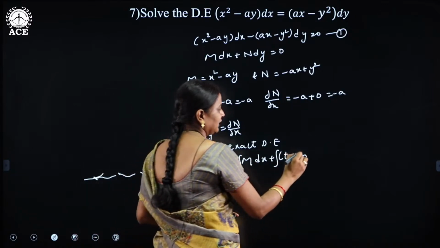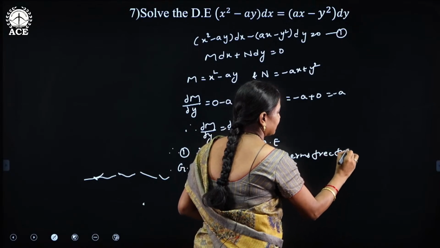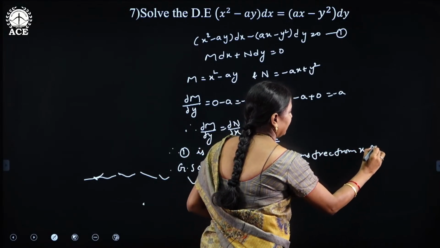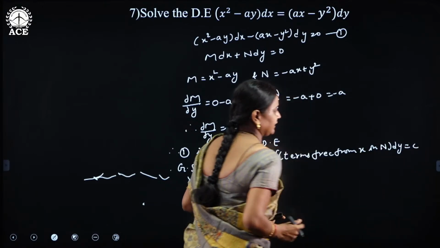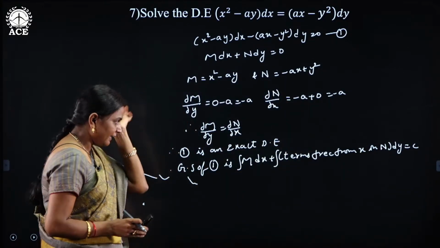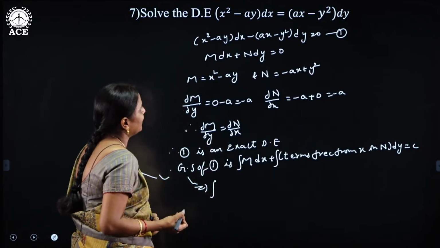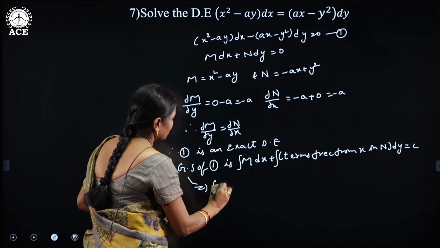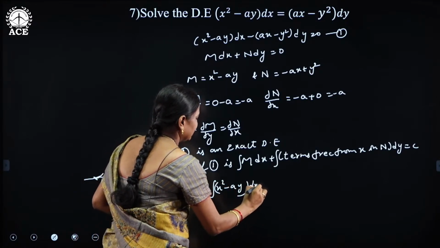So what is the next one? Terms free from x in n into dy is equal to c. Write the formula carefully. So that implies, what is the general solution? What is our M? X square minus ay into dx.